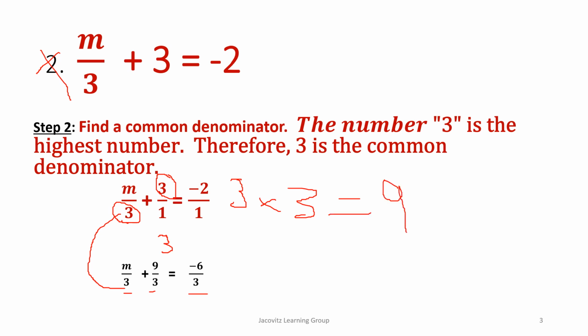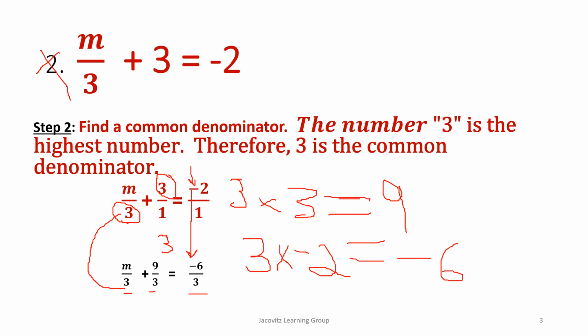And there's your 9. This 3 times this -2, and please keep your negatives here. This is a negative, so don't forget it when you get ready to drop it here. That's a -6. So this is 3 times -2 equals a -6.